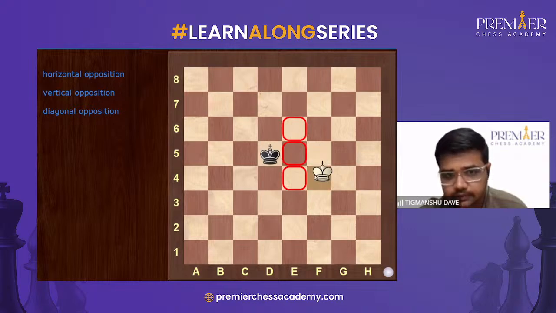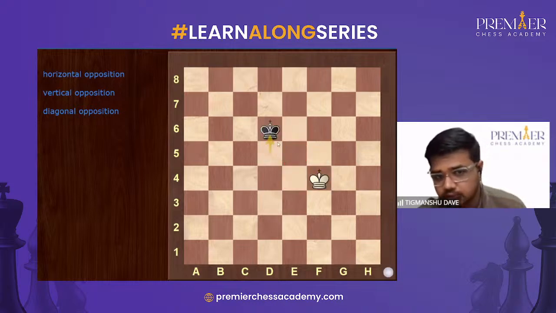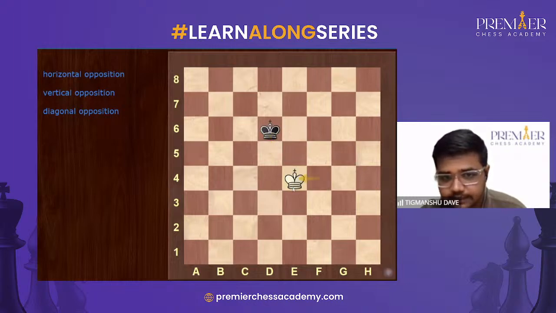If you see like this, this opposition is called diagonal opposition. It's face to face, sharing one square in between. Whichever side is to play will lose the opposition. Let's just say the white king is going here, and the black king played the last move. So here the opposition is with the black king.